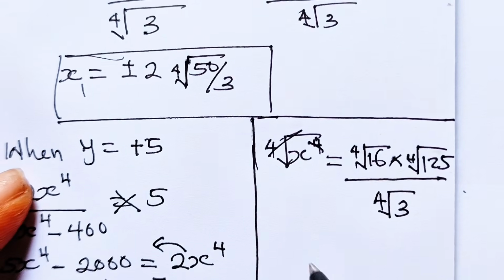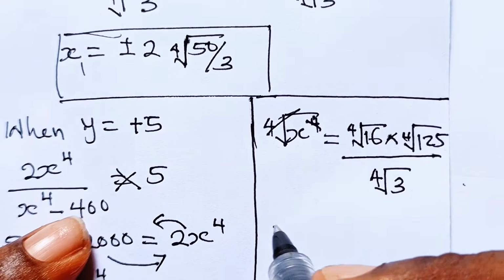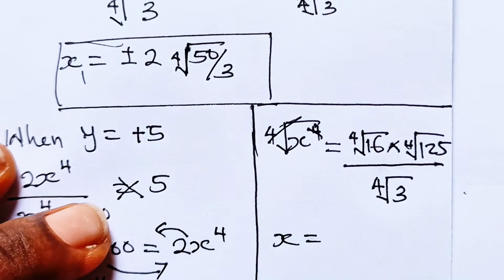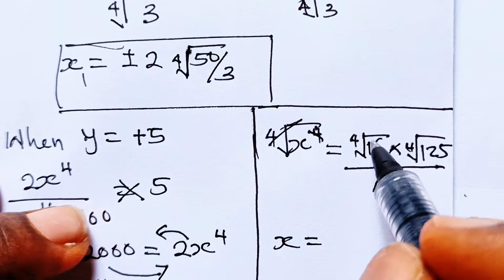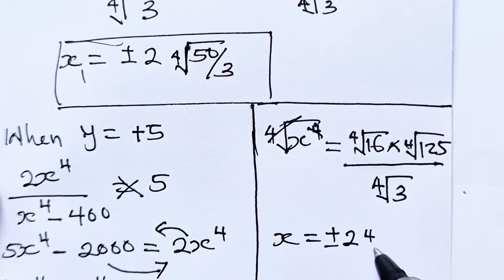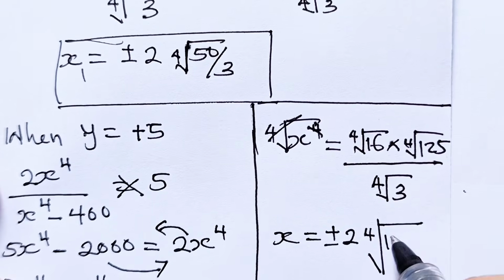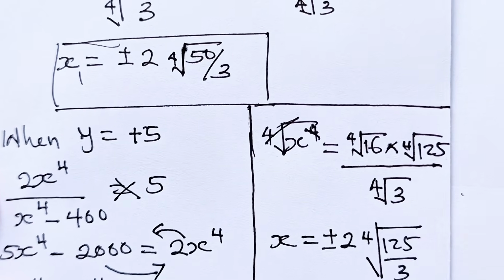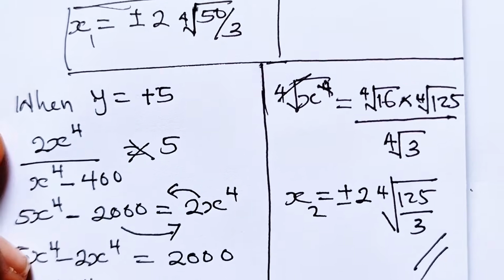This will take away this, and we have x is equal to fourth root of 16, which is plus or minus 2, and then we have fourth root of 125 divided by 3. And this is the second value of x.